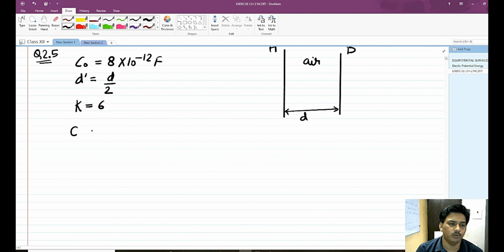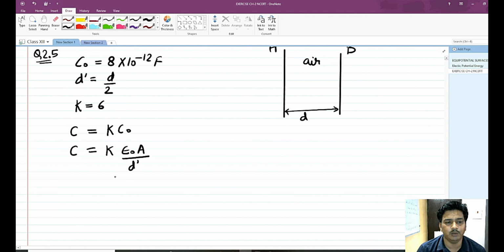As we know the formula of the capacitance when a dielectric substance is filled between the parallel plates of a capacitor, C is equal to K C naught. But in this case we are also reducing the separation between the plates. So it is K, C naught is epsilon naught A by D dash.